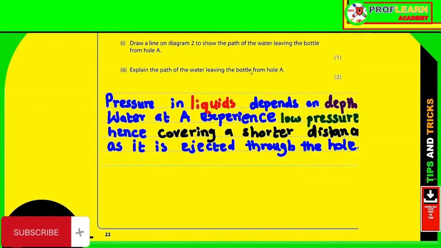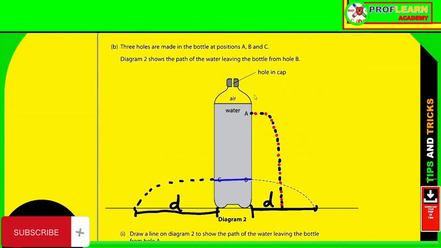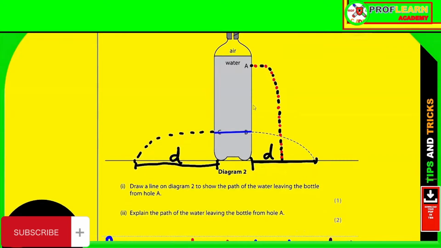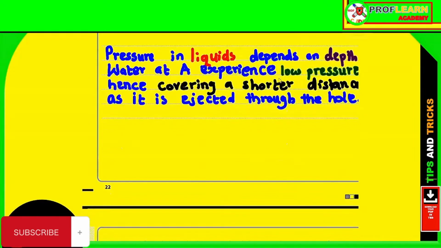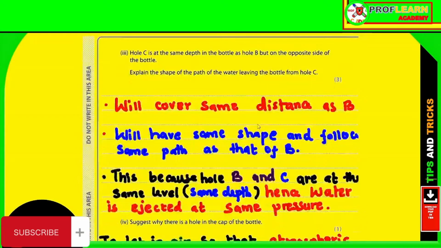The water at A has a low pressure, having a small depth or height of liquid column above it. This low pressure makes the liquid gush out, covering a short horizontal distance. And this is just a model answer you are supposed to give when given such a question.